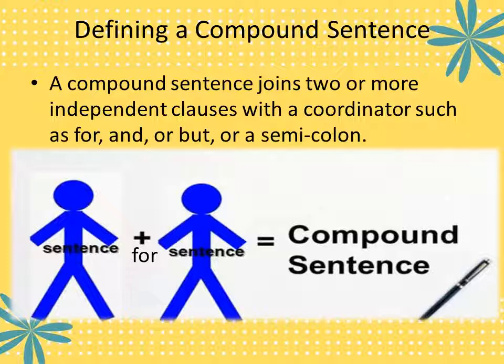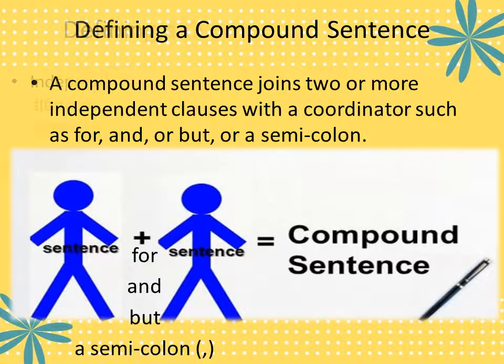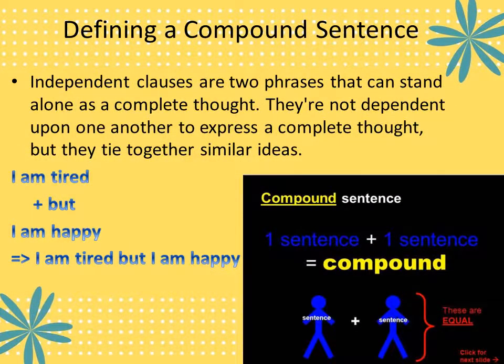One sentence and then another sentence, and we will combine them by using for, and, but, or semicolons. What is an independent clause? Independent clauses are two phrases that can stand alone as a complete thought. They are not dependent upon one another to express a complete thought, but they can be tied together if they have similar ideas.